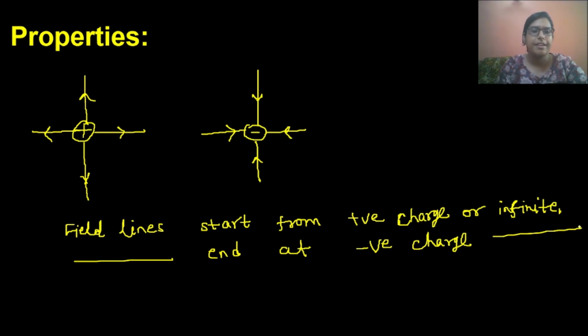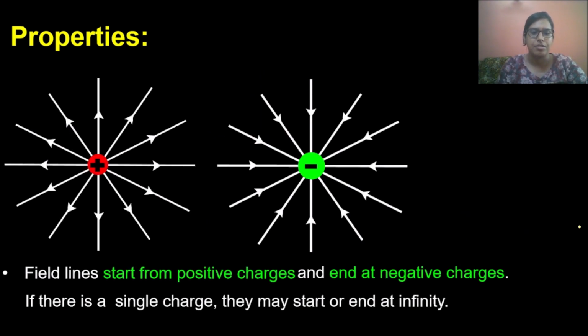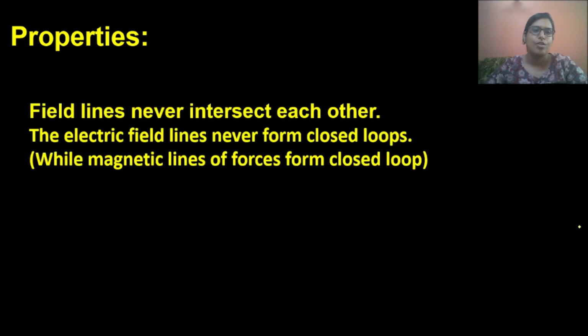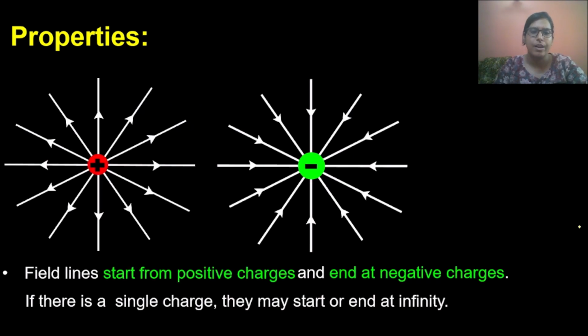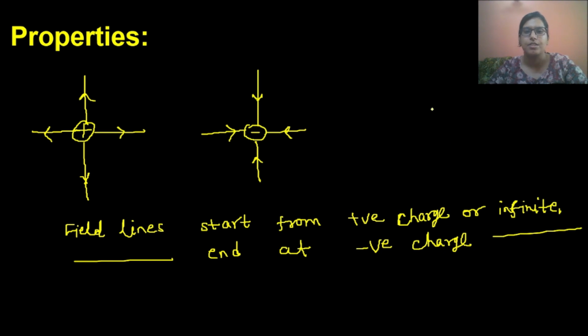So considering these two properties, we will draw electric field lines for some other bodies also, for a pair of charges. Suppose both charges are positive charges.